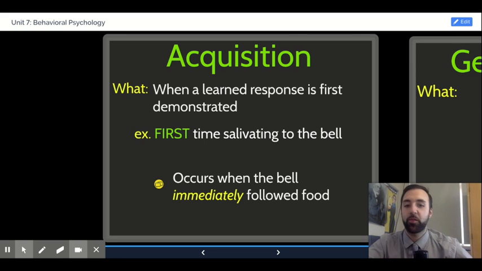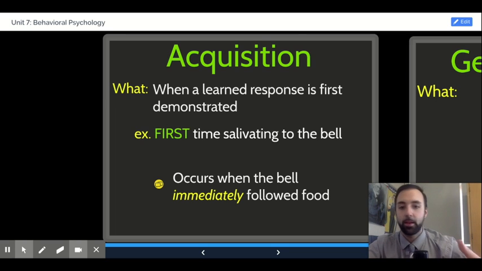So regardless of which form of learning that we're going to talk about, acquisition simply indicates the first moment in which a behavior is acquired. This very much assumes that, for example, in the case of classical conditioning, that the bell immediately followed the food. If there's a delay between the neutral stimulus and the unconditioned stimulus, then acquisition is not likely to occur. If the reward or the reinforcement is delayed, it's not likely that acquisition can necessarily happen.